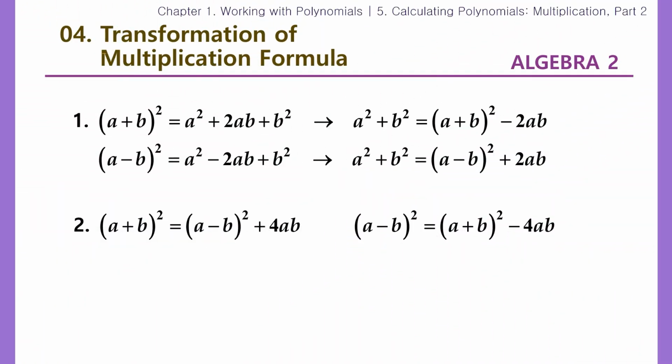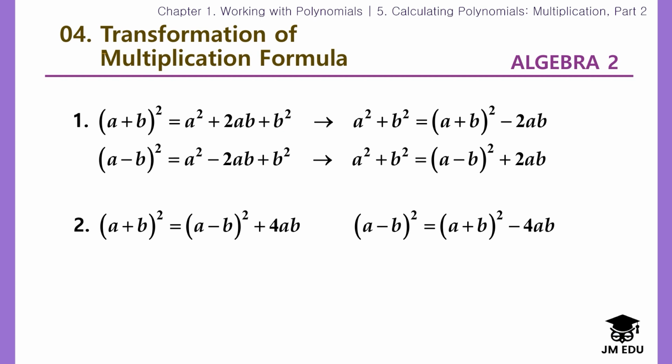In this section, we're going to look at transformation of a multiplication formula. Here we have (a + b)². We know that expands to a² + 2ab + b², right?